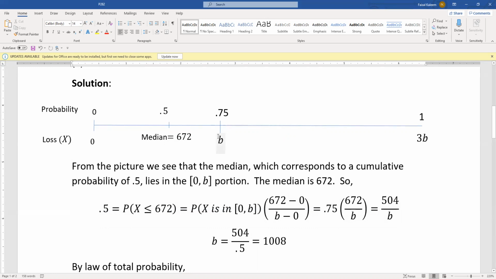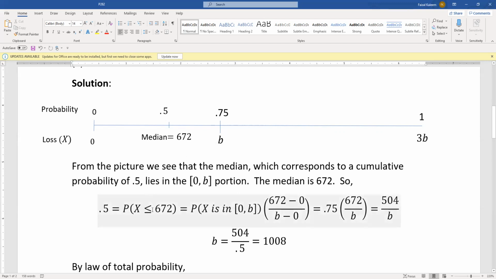But this is a situation where we don't just have 0 to B, we also have a portion from B to 3B. We know that this 672 business is happening in the 0 to B part, so we need the probability that we are between 0 and B, and that probability is 0.75. Normally, if 0 to B was our whole interval, we wouldn't have this factor, because you definitely are in the whole interval.